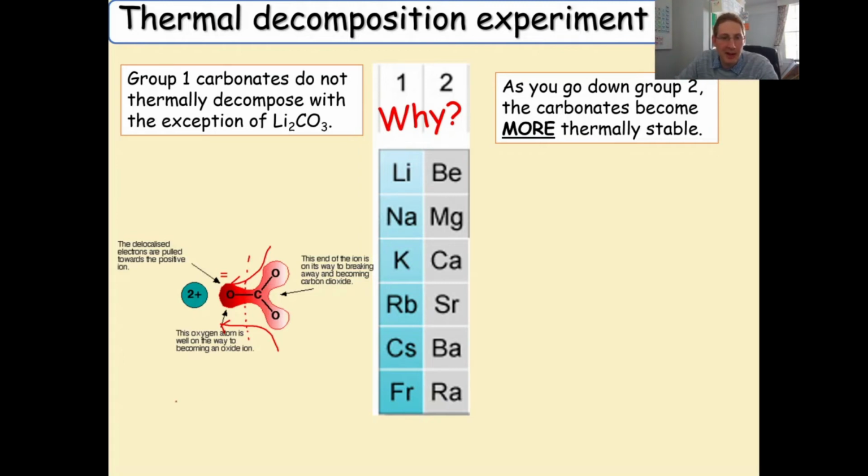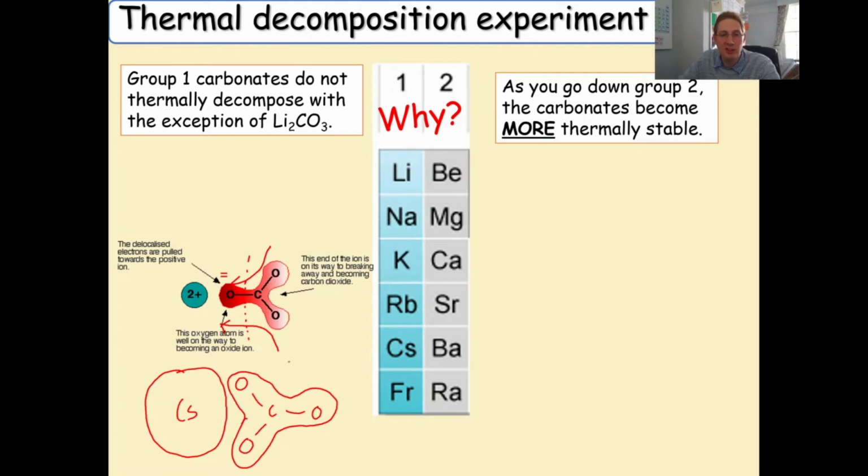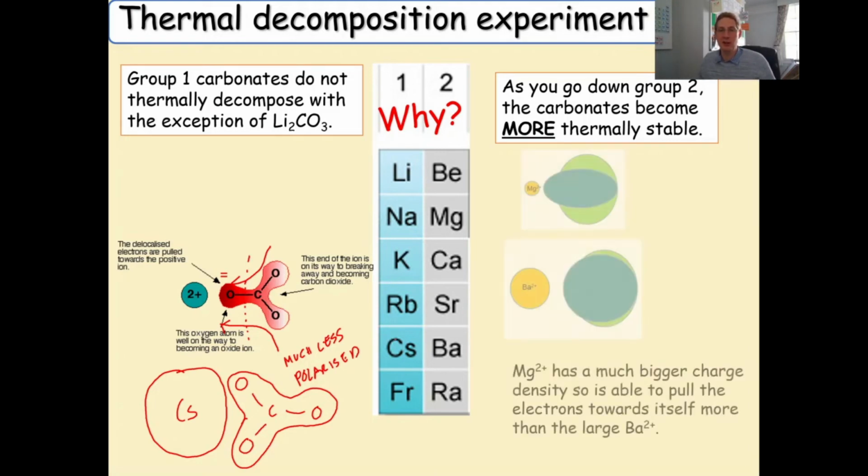Whereas if you've got something massive like the caesium 1+ ion, for example, then you really don't see this same effect, and the electron cloud is much less polarized. So there's no part of it that is trying to break off. Magnesium has a much bigger charge density, so it's able to pull more electrons towards itself than the large barium or the large group 1s.